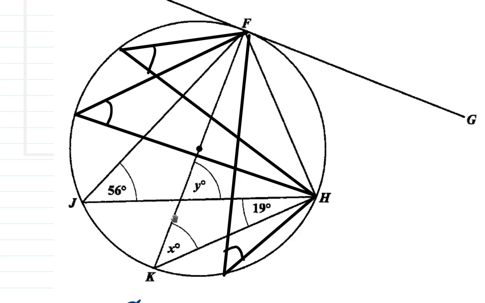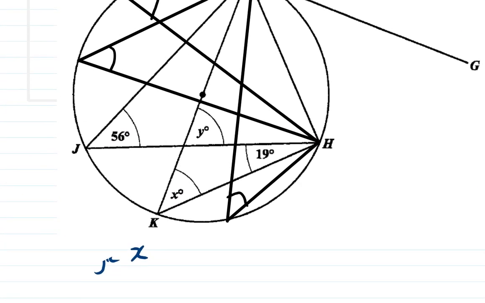FJH, which must be equal to 56. You see, I accidentally erased part of this. It was angle x.